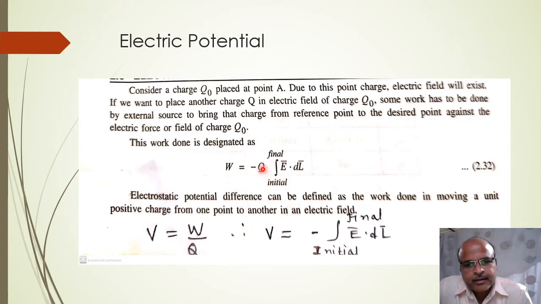Put this, and this Q and this Q get cancelled, then V is equal to minus integral from initial to final E dot dl. So this is an important formula: V is equal to minus integral from initial to final E dot dl.